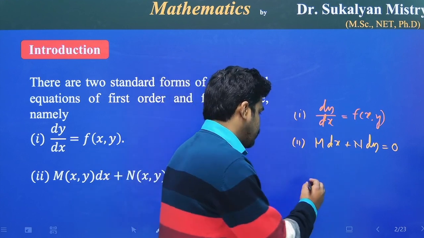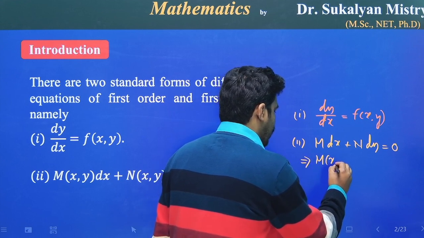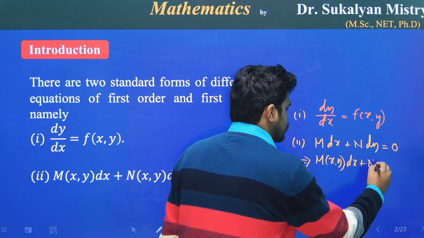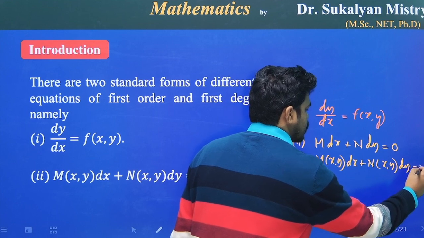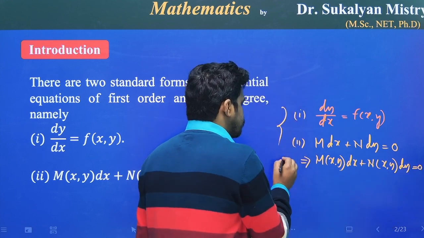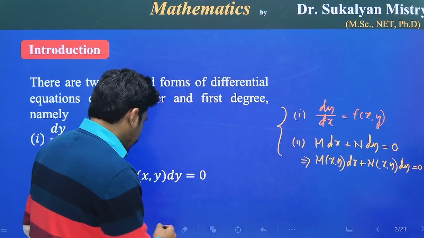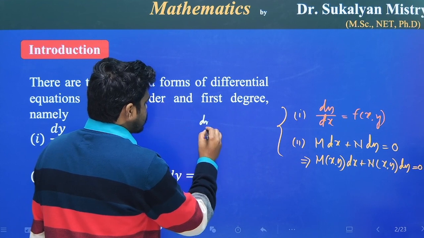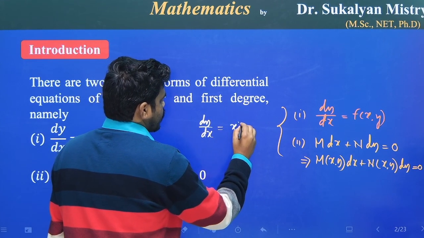That means this can also be written as M(x,y) dx plus N(x,y) dy is equal to 0. These two forms are equivalent. Why? See, if we consider a differential equation, suppose dy/dx is equal to x square.